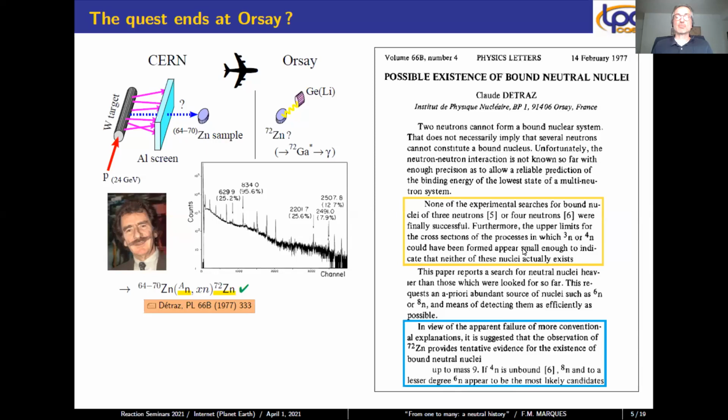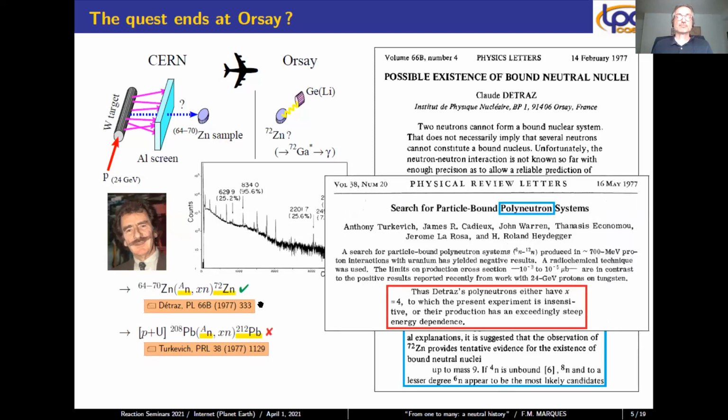Then, the same year, a few months later, Turkevich tried to find them with a similar setup: proton, uranium, aluminum screen, and this time the sample was lead-208. He was looking for a transformation of lead-208 into lead-212, and they couldn't find this transformation.